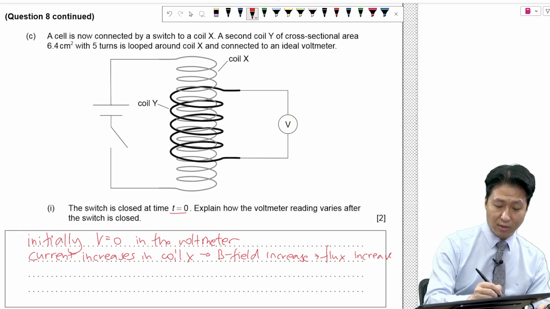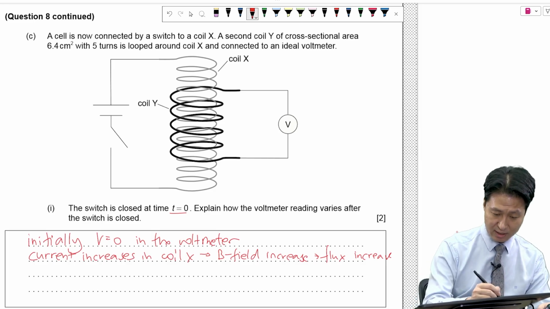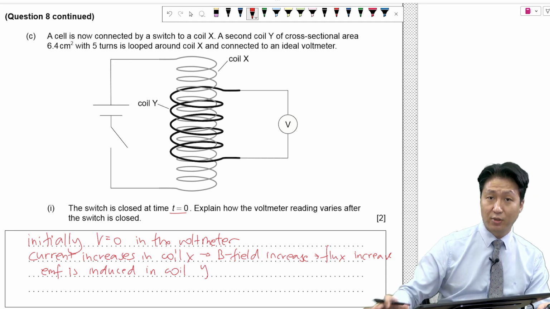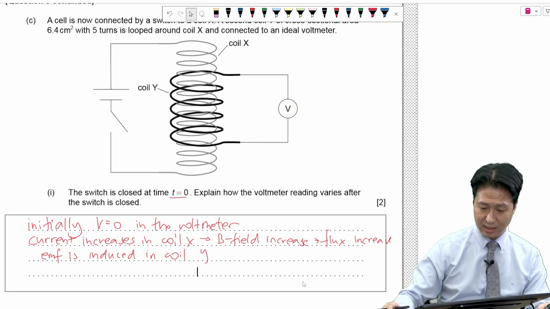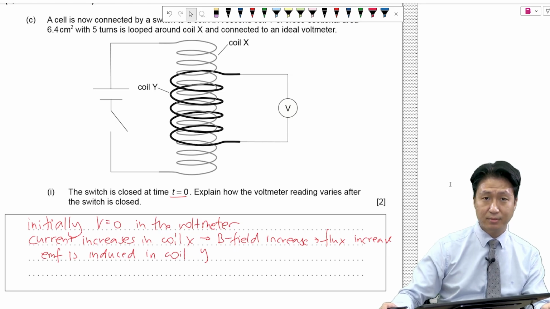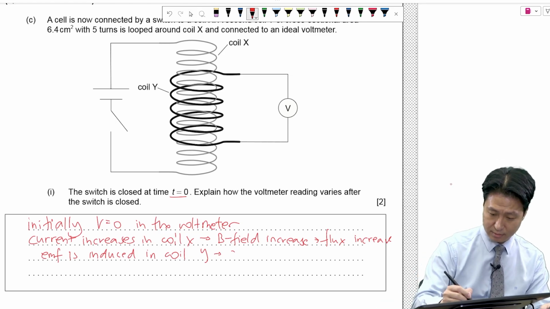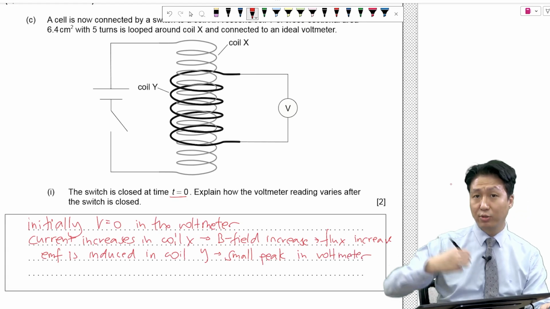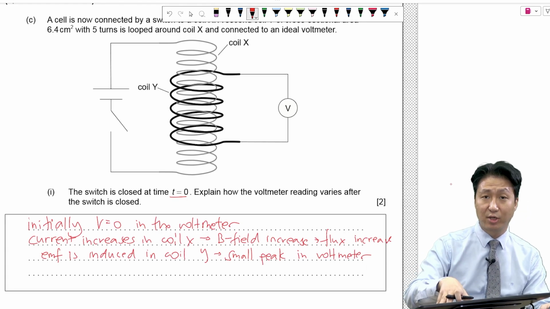An increase in the flux means that there's going to be induced EMF in the coil Y. So there's a small peak when this happens, which will then go back to 0 after the current is stabilized.